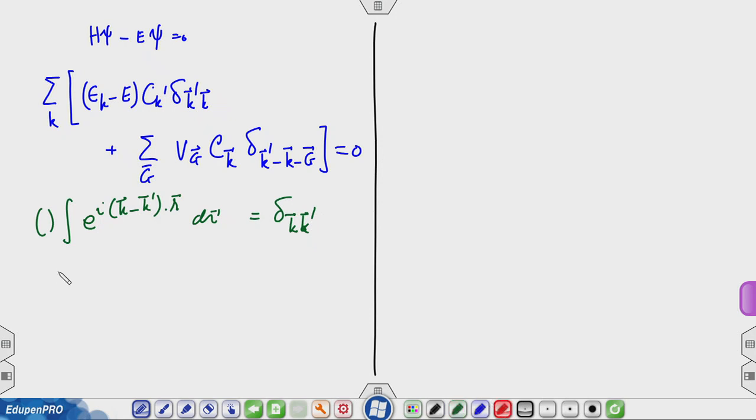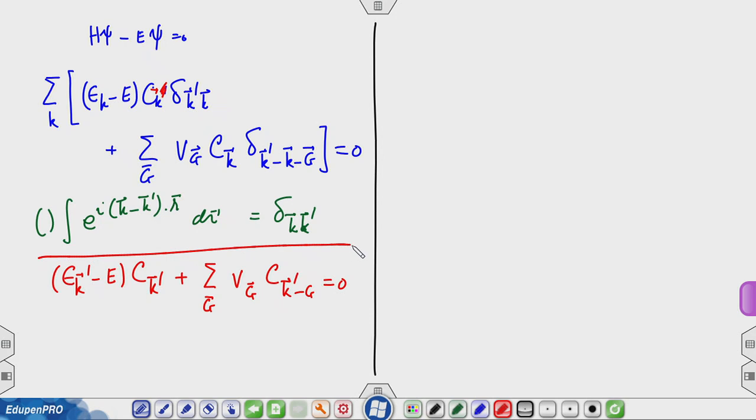This then goes to summation over k epsilon k prime minus E C k prime, this was C k, plus summation over g V g C k prime minus g is equal to 0. That is the equation I get from here after summing over k.